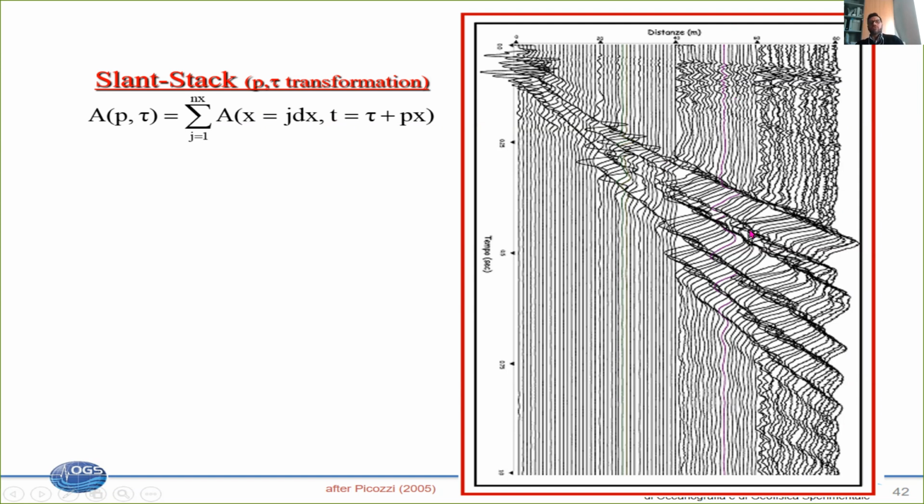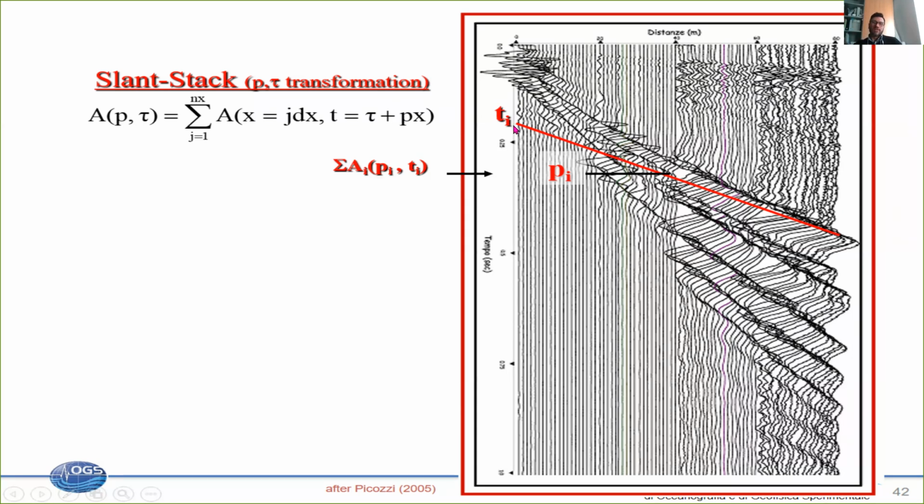Now I want to correct these seismograms, I want to align them a little bit. So I select a certain slope of the line, which is our slowness that we have seen is 1 divided by velocity. So I'm testing a velocity.